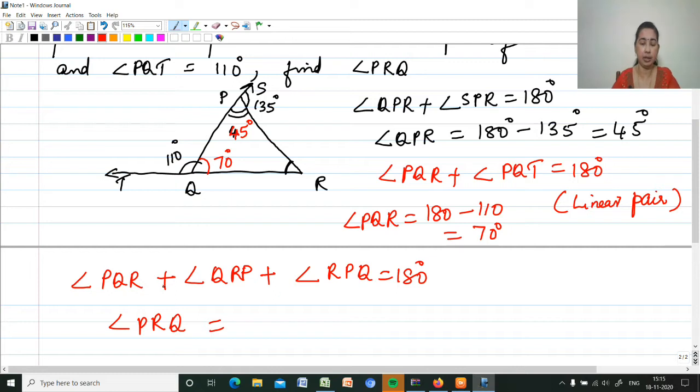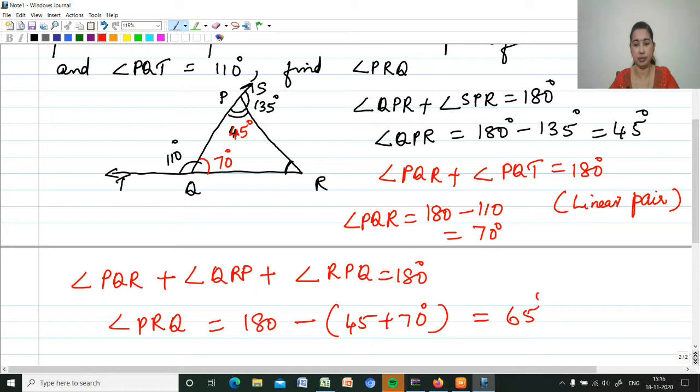So we take the remaining to the other side, that is 180 minus (45 plus 70). So that will be equal to 65 degrees.